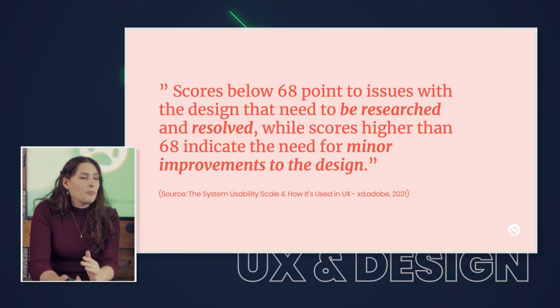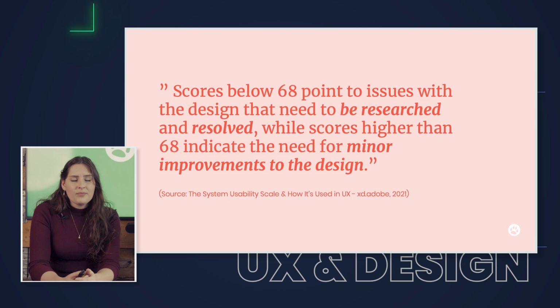So if it's scoring below 68, then it's not performing really well, and you need to start researching and resolving that design or functionality issue within the website. But if it's scoring higher than 68 points, then you may just need to do minor implementations of the design to make it a bit better.